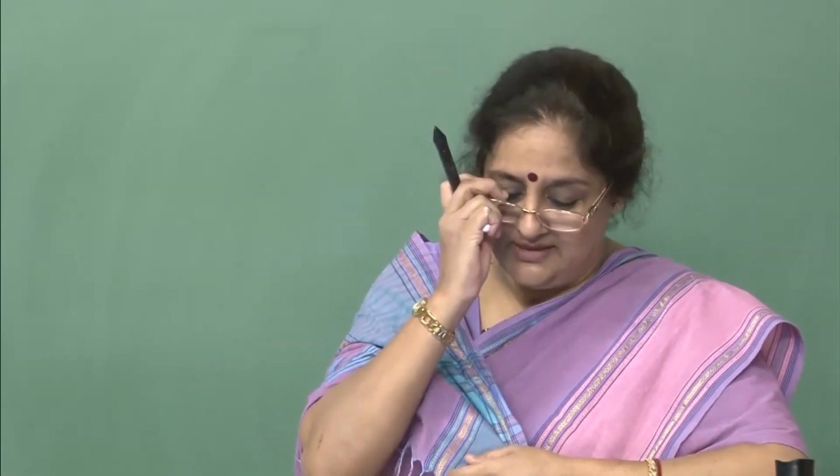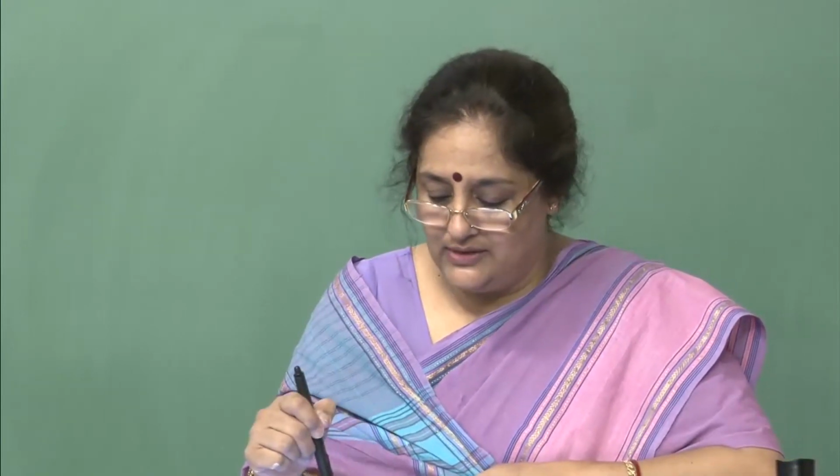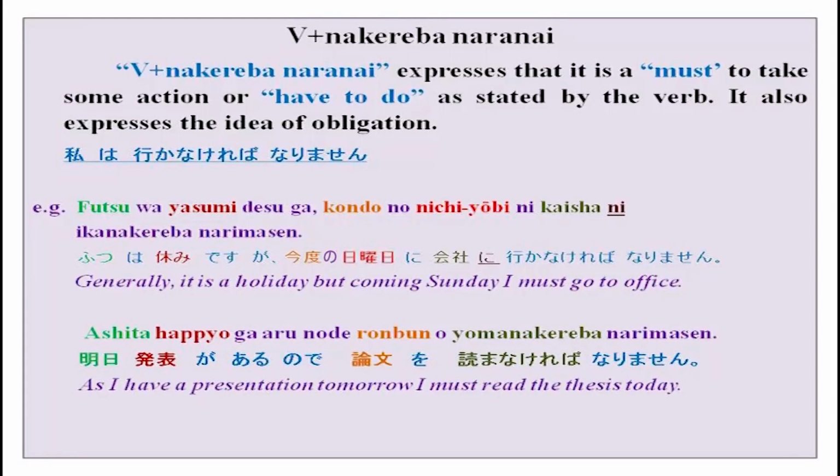Now, the second example is ashita happyou ga aru node ronbun o yomanakereba narimasen, which is very obvious: if you have a presentation, if you have to do something next day in front of your teachers, you need to read it or practice beforehand.